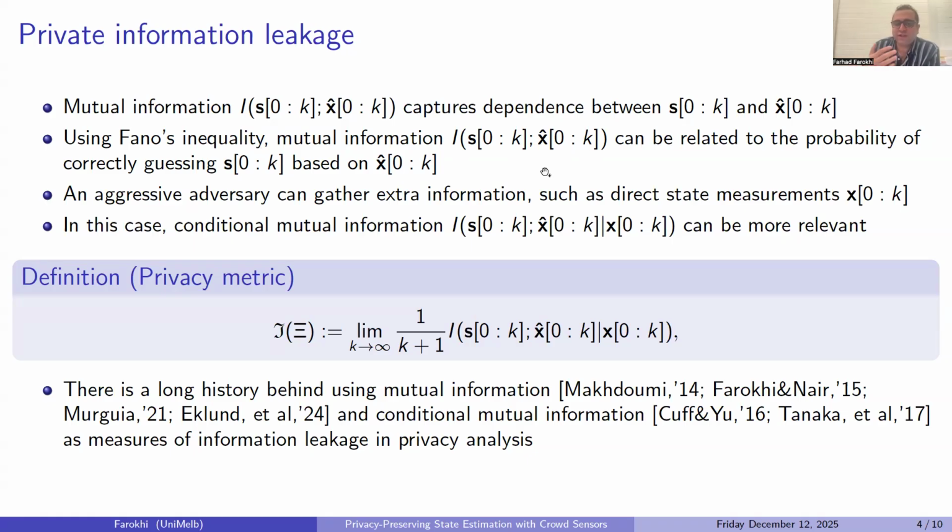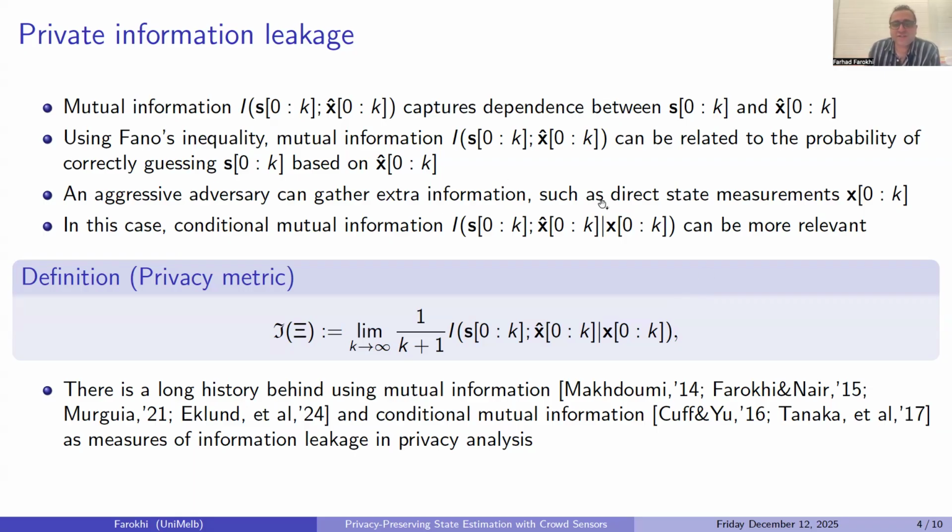So this is rooted in information theory, and there is a lot of interesting literature out there that uses mutual information and conditional mutual information as measures of information leakage in privacy analysis. There has been a lot of literature trying to show when these measures are good, when they are bad, and whether we can use them to understand privacy in machine learning, privacy in dynamical systems as in here, and so forth.